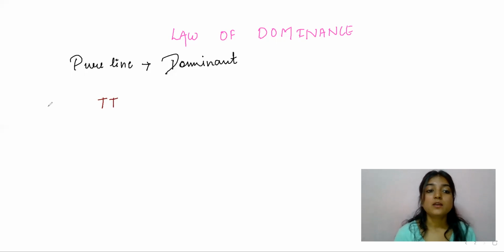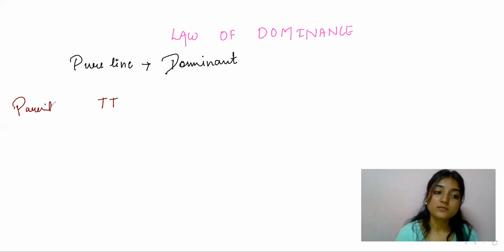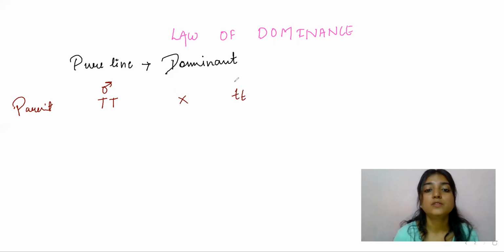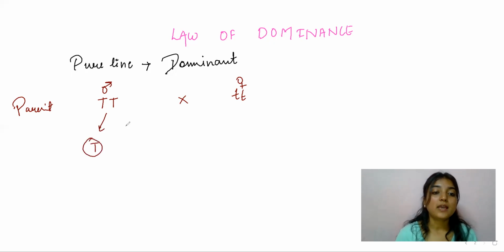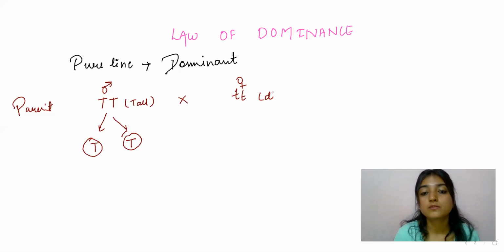We are taking the stem length character. This parent, you can say a male, is crossed with a female which is homozygous recessive. Now we will take out the gametes. This is tall and this is the dwarf stem length. If you remember, the dominant one is tall and the recessive one is dwarf.